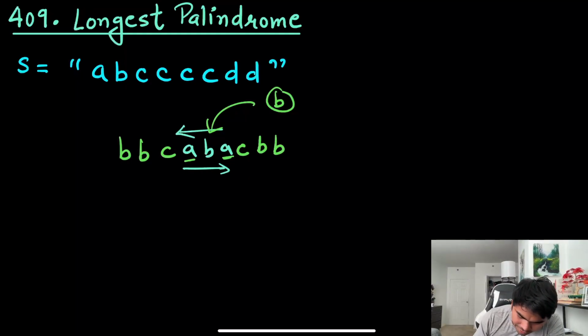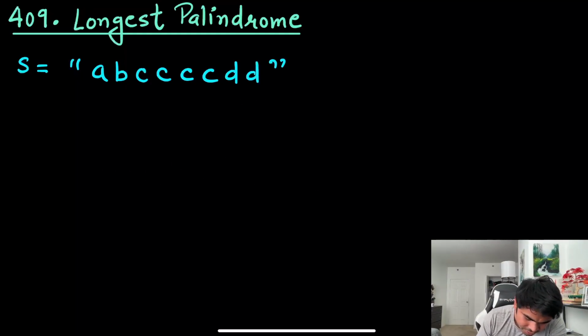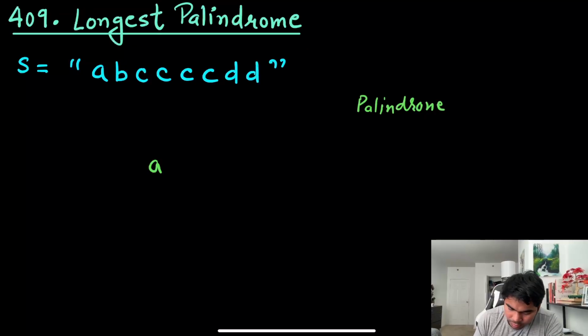So let's take our first example and check how many palindromes we can make. The first character that I'm seeing is A. Is A a palindrome? Yes, but the length is 1. So I can create a palindrome's length. I'm just going to call it length.